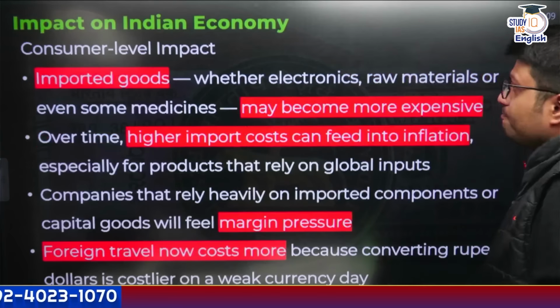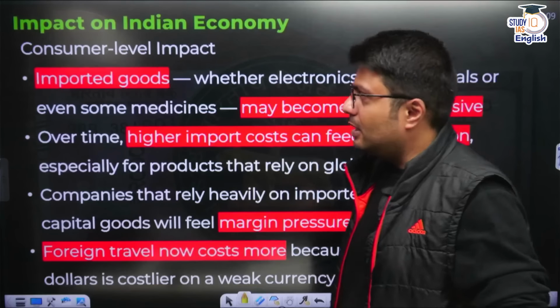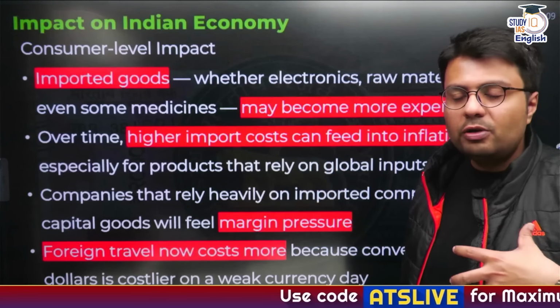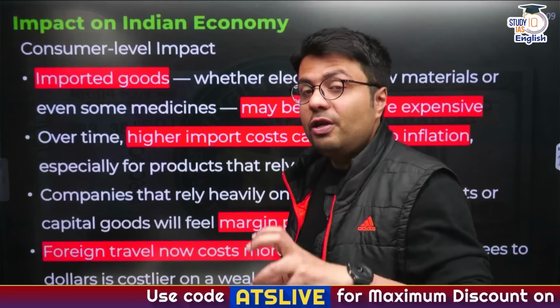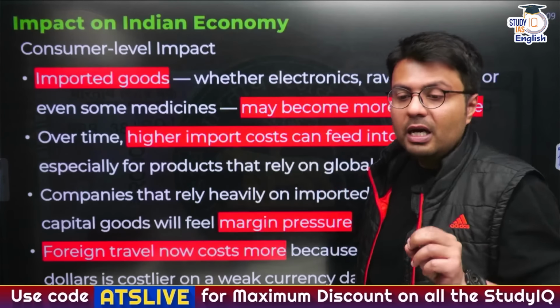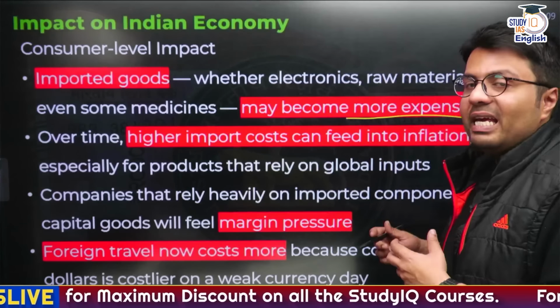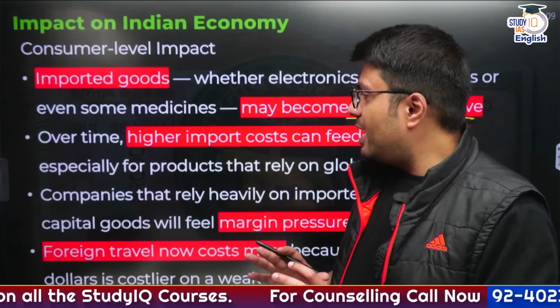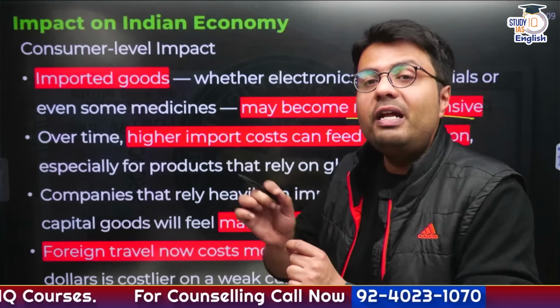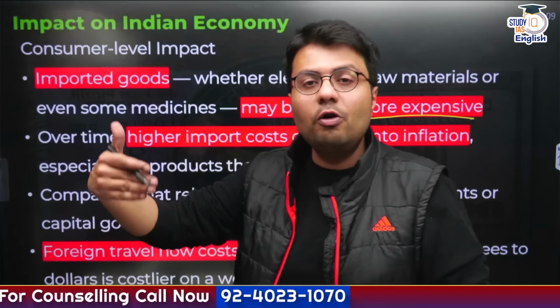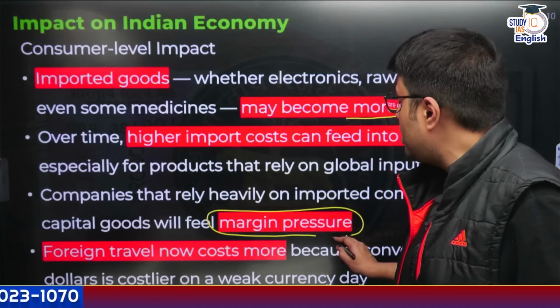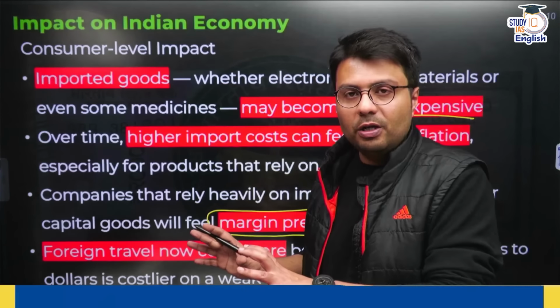The second factor is the consumer level impact. Imported goods, whether electronics, raw materials, or even some medicines which are essential for our day-to-day requirements, become more expensive in cases of depreciation of the rupee. Over time, you must have realized that companies who rely heavily on imported goods to make their components see their profit margins erode.